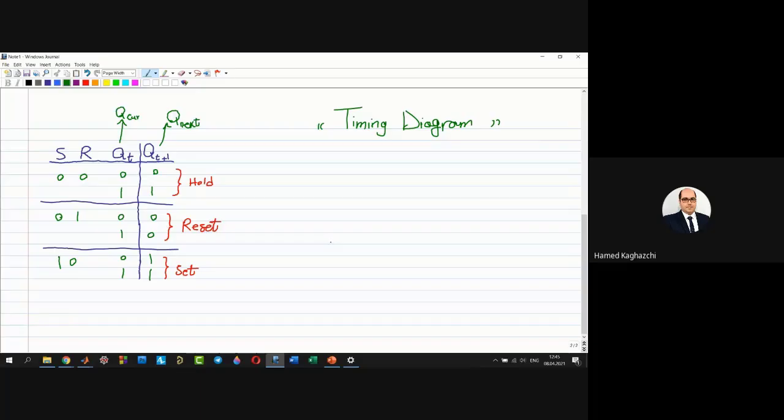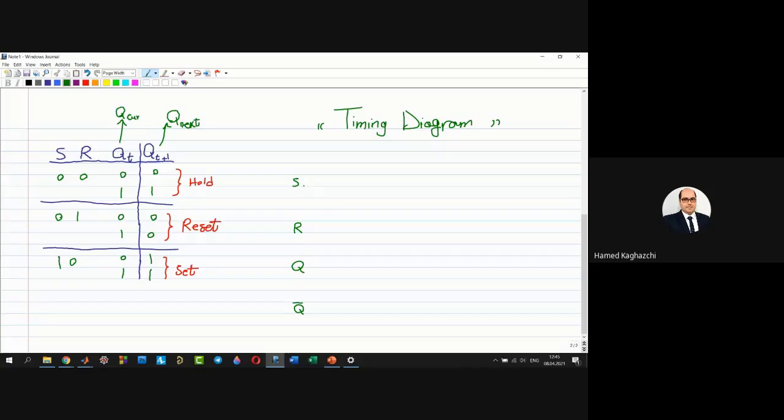What is the timing diagram? Look at here. I have S, R, Q, and Q bar as different signals.